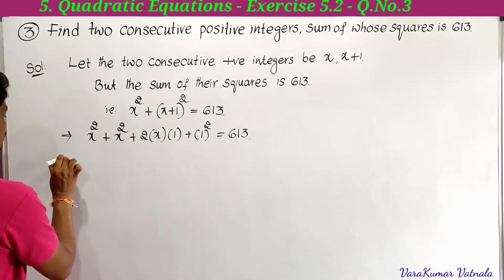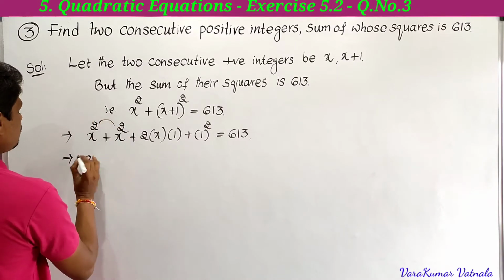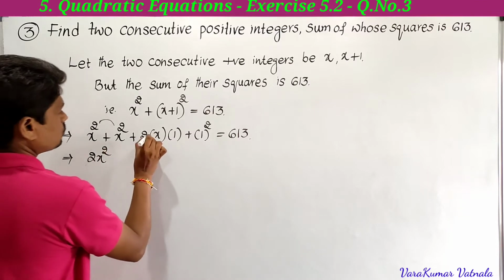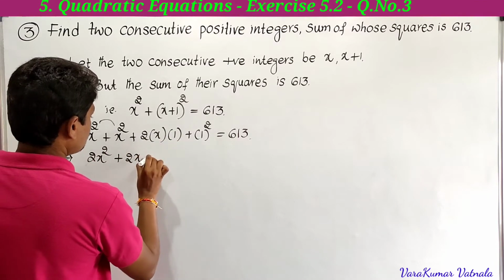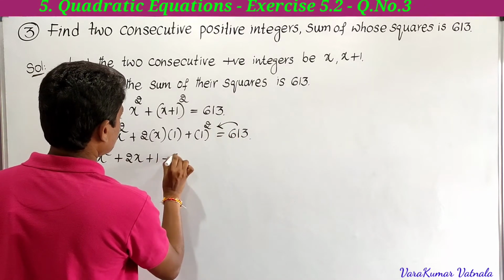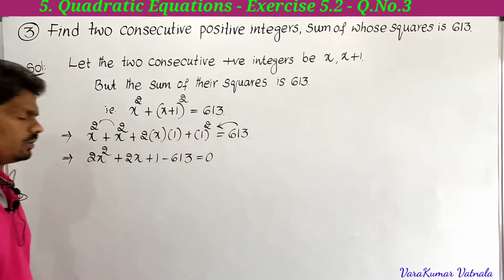Simplify: x square plus x square gives 2x square, 2 into x into 1 gives 2x, plus 1 square is 1. Take 613 to the left side, we get minus 613 is equal to 0.